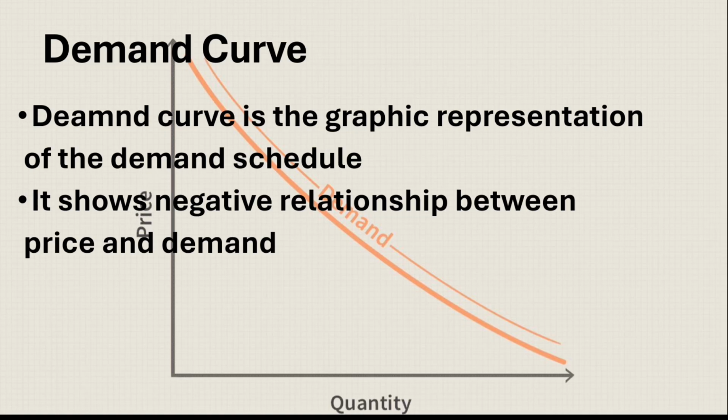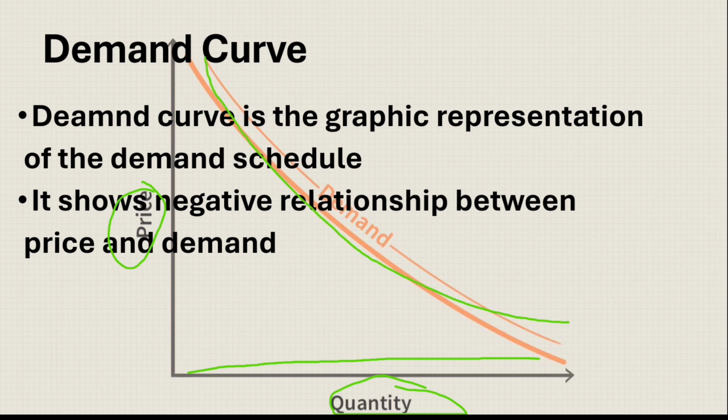Now there's the demand curve. Demand curve is the graphic representation of the demand schedule. Whatever we have seen in the schedule, we will put that graphically. Like on the x-axis we'll put quantity demanded, on the y-axis we'll put price. So we get a curve that's called the demand curve. As you might know, the demand curve shows a negative relationship between price and quantity demanded. Why does it show a negative relationship?